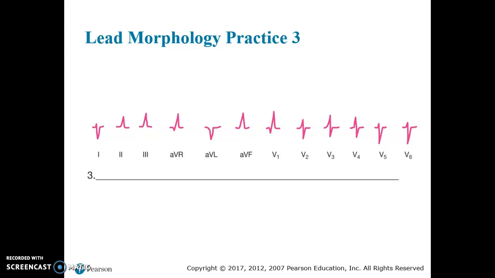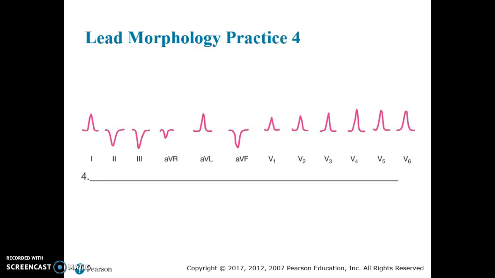V1 is positive, but it should be negative. V2 is okay. V3 is positive, but it should be isoelectric. V4 is isoelectric, and it should be more positive. V5 and V6 are negative when they should be positive. So here we have abnormal morphology.